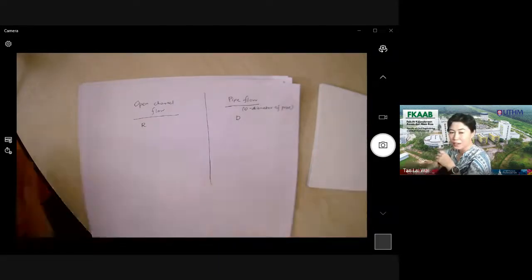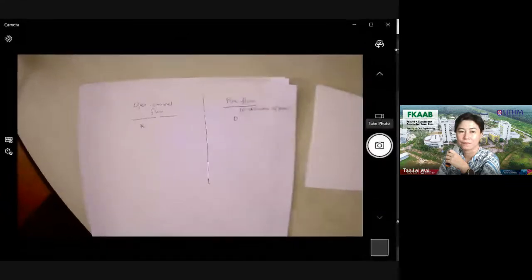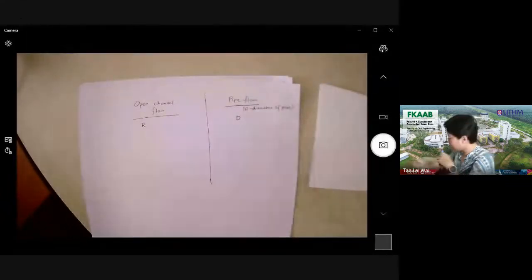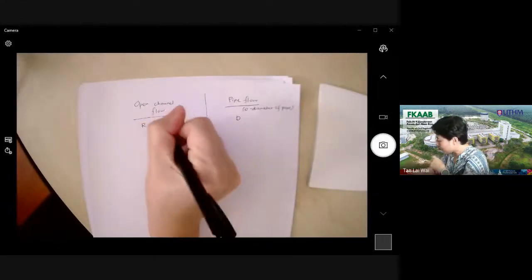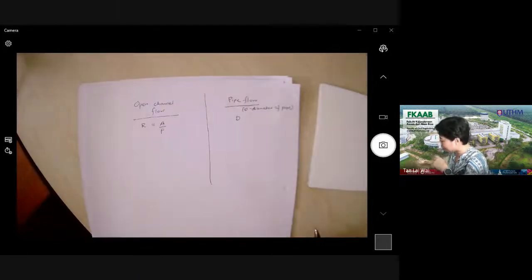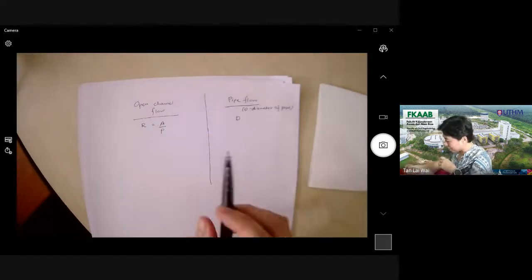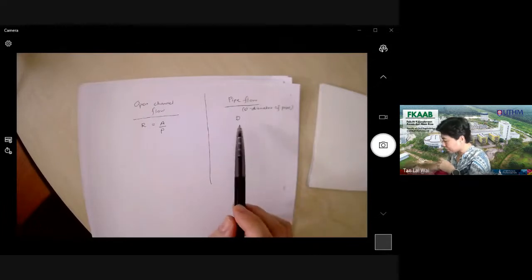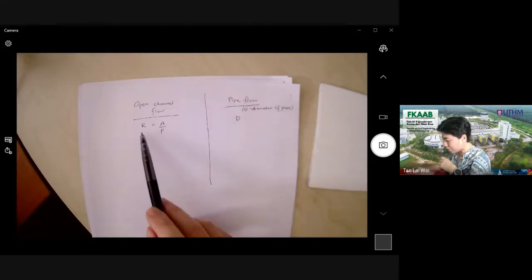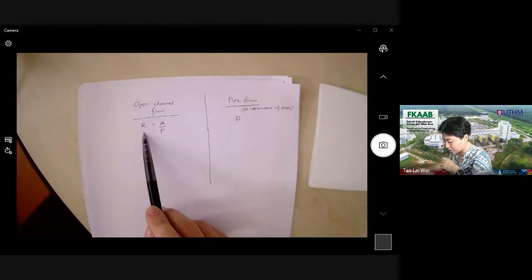R, we know, is the flow area divided by the wetted perimeter. Now, what I'm going to show you is what if. Last time your Reynolds number was using D. This time we are learning open channel flow, so we are using the hydraulic radius.